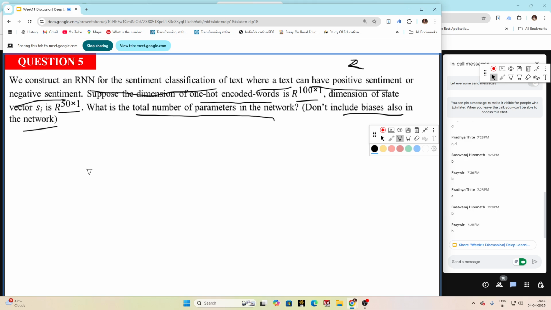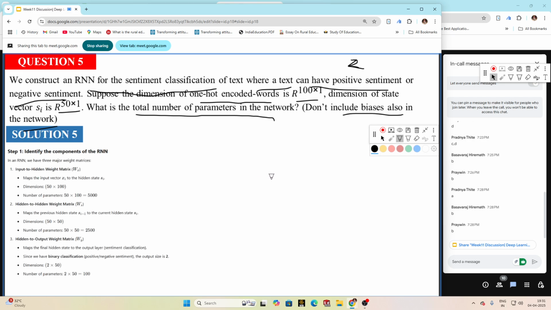So how will we solve the question? First you will see the input layer and the hidden layer, and then the output layer. In the input layer, the dimension of the one hot encoding is 100 cross 1, and in the hidden state you will have a vector of 50 cross 1.